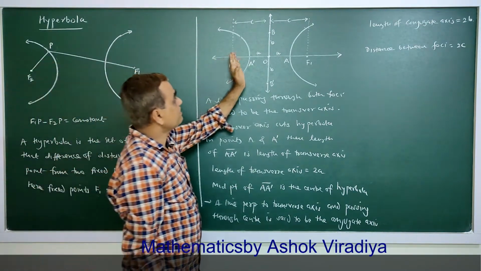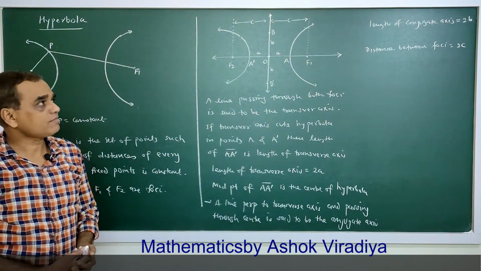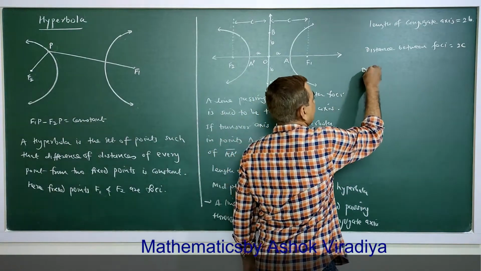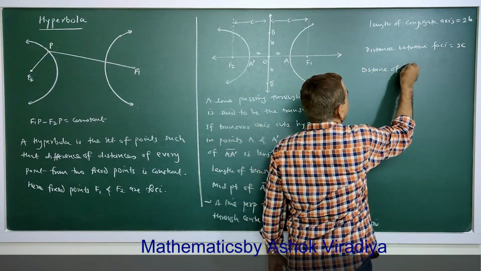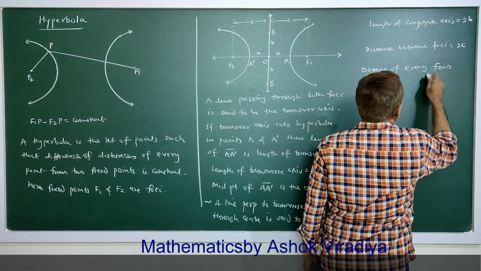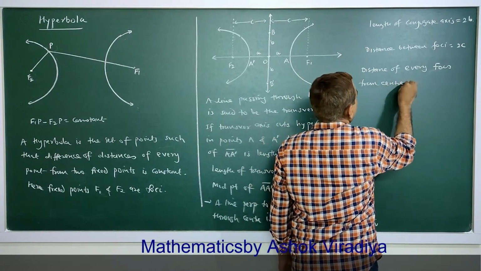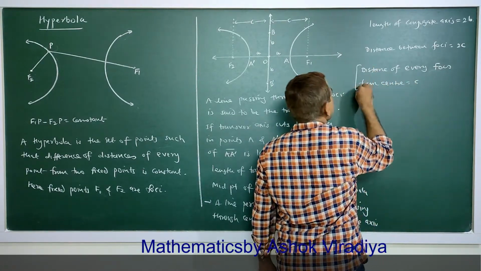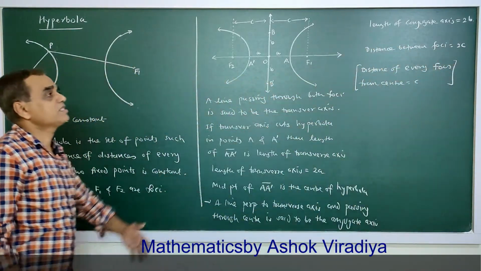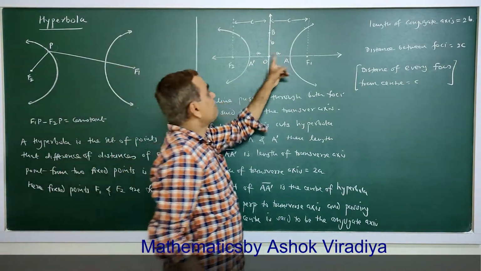Hence the distance between these two foci is 2c. Here A and A dash are vertices.